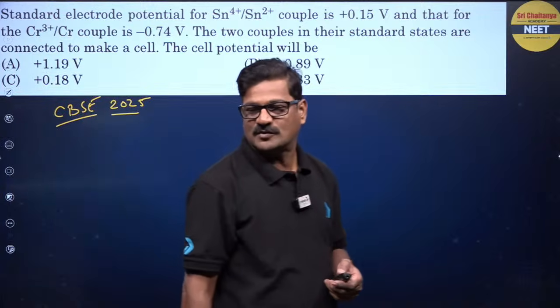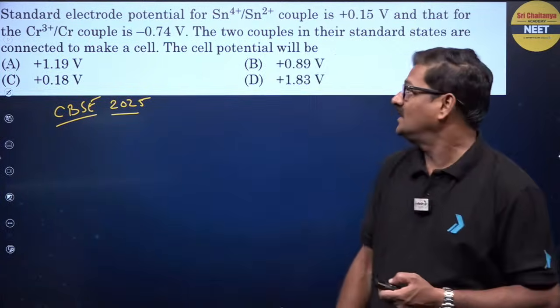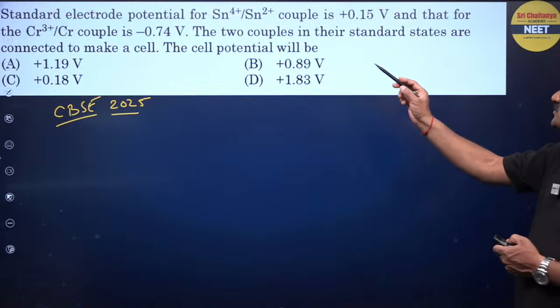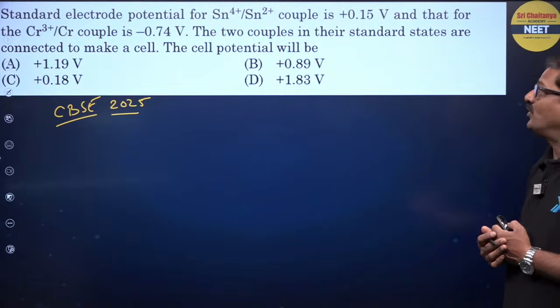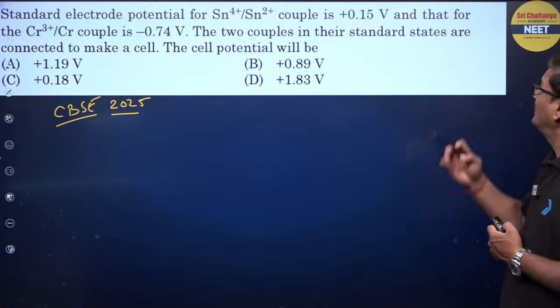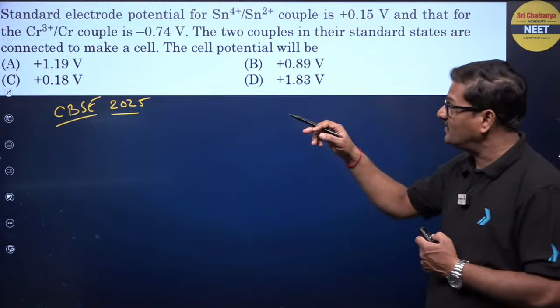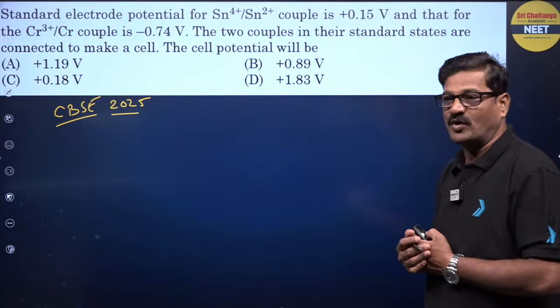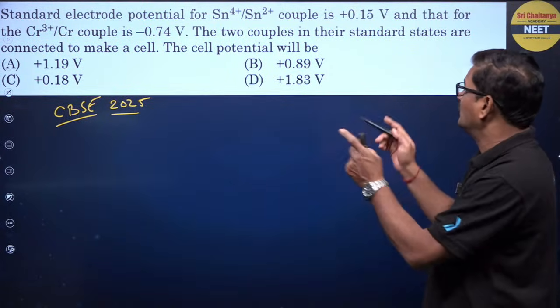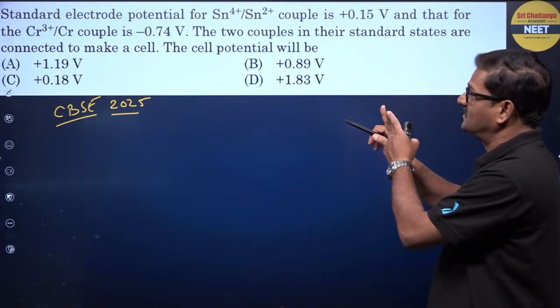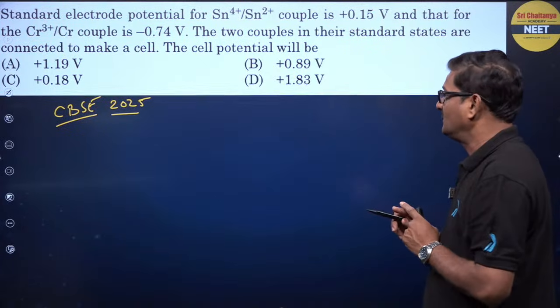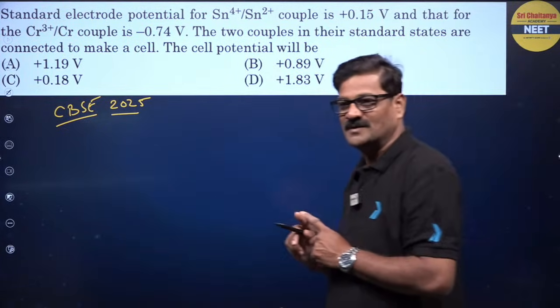How to solve this question? I want to know. The Sn4 plus to Sn2 plus couple is 0.15, and for chromium 3 plus to chromium, this one is minus 0.74. If the two couples are connected under standard states to make a cell, what is the cell potential?